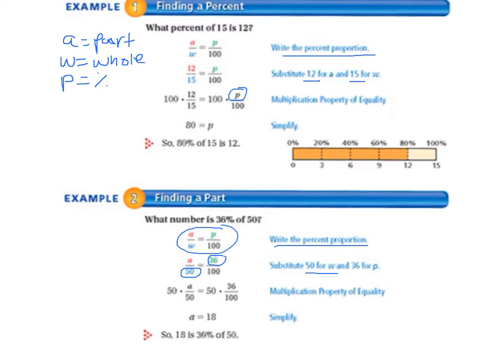And so we substitute in our numbers, and then we're solving for A. So last time where we multiplied both sides by 100, this time we're going to multiply both sides by 50 because we want to get A by itself. So our 50s cancel out, and then we simplify, and when we do that we get A equals 18. So 18 is 36% of 50.